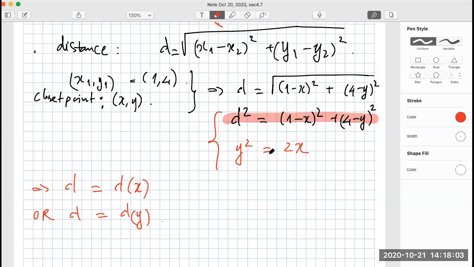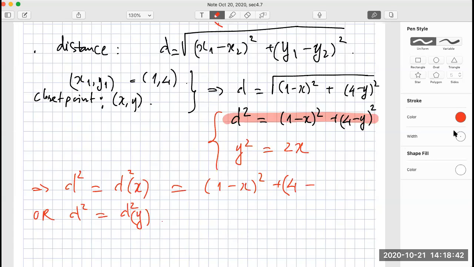Yeah. If we write everything in terms of x, then d squared becomes (1 minus x) squared plus (4 minus y) squared. And y, we need to write it in terms of x, okay? Wow, be careful. If we write in terms of x, then we need to write y in terms of x.